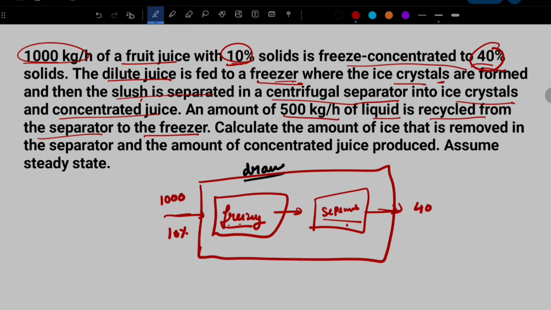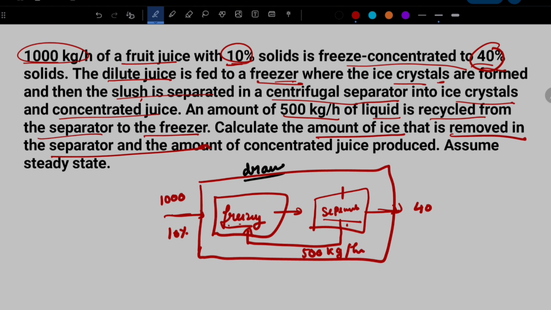Okay, done. What happens is, if any slush is not properly separated, they feed it back, 500 kg per hour. Actually, they are recycling this to the freezer. Now what they are asking is the amount of ice removed in the separator.